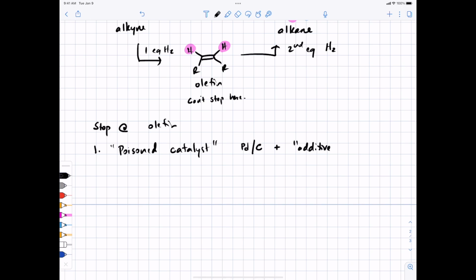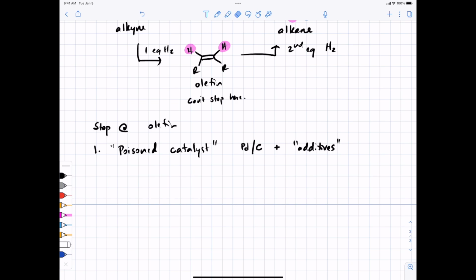So it's basically palladium on carbon plus some other stuff, including lead and I think some basic amines. But it slows down the reduction of alkenes to alkanes so that you can stop at the olefin or alkene stage. A lot of these catalysts are proprietary.